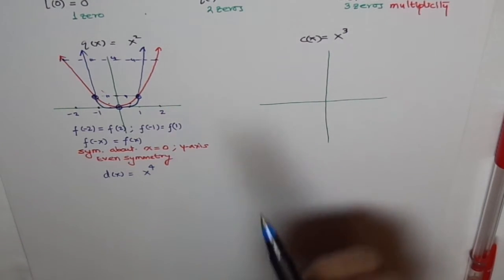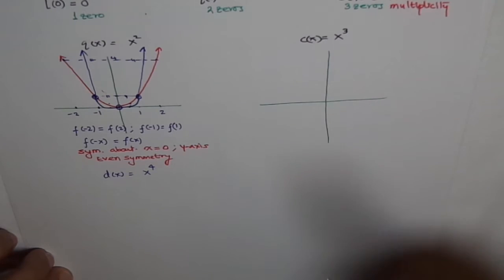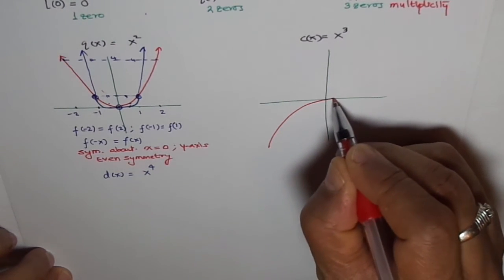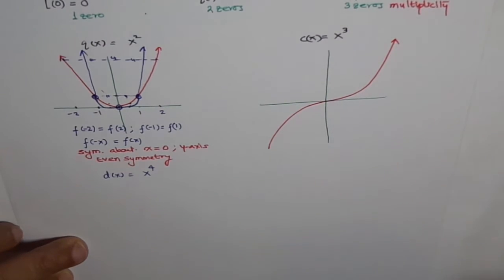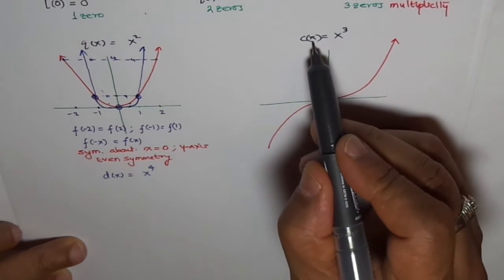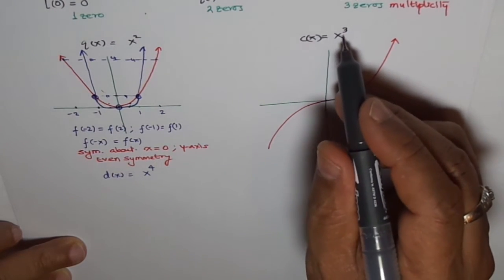Now let's see what happens for our cubic function. Okay, cubic function will look kind of like this. Let me first draw the cubic function, and then we'll put the points on it. Okay, x cubed. When x is 0, 0 to the power of 3 is 0.